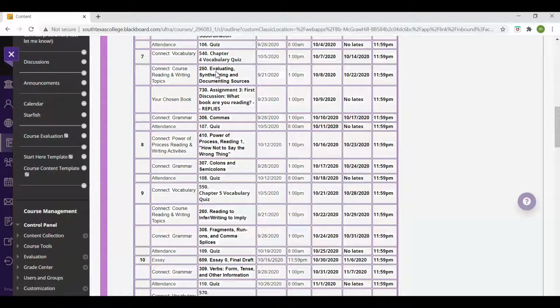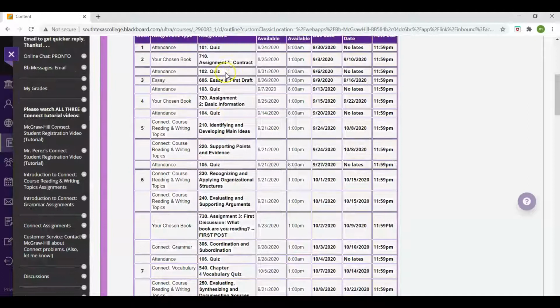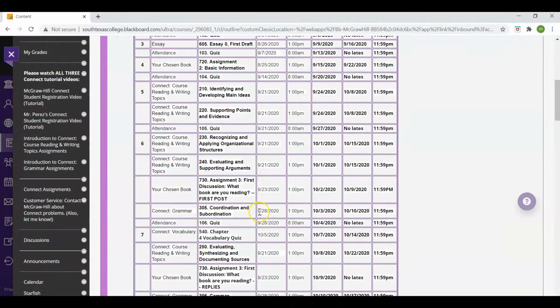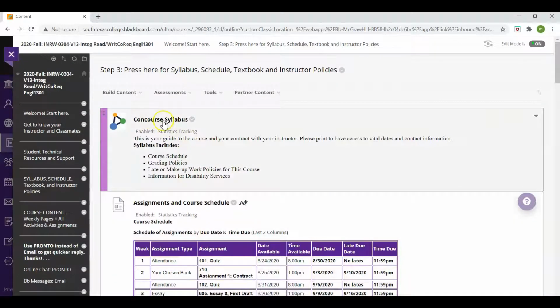So make sure you watch that, because I devote the first few minutes to looking carefully at the schedule. The same thing is true with the syllabus. In that video for the Connect vocabulary assignments, I also showed you the features of the syllabus now that the late due dates are there as well.